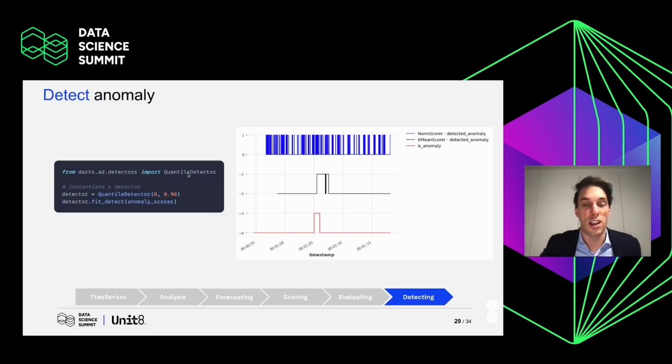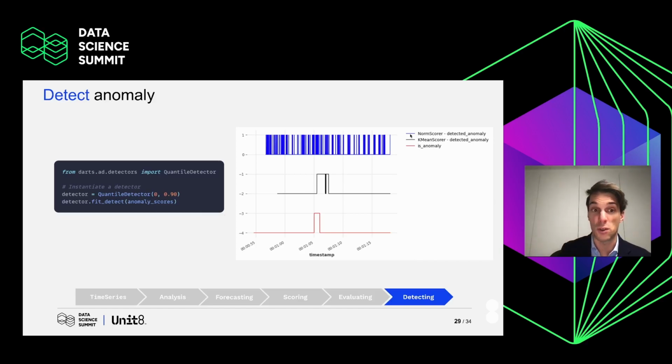So when we want to binarize these signals, for example with a quantile detector, we can instantiate it very simply from the library, defining the quantile below and above which we would consider a point an anomaly, and assign both anomaly scores carried as part of this time series object here, and we can get both detection and binarization of the signal.